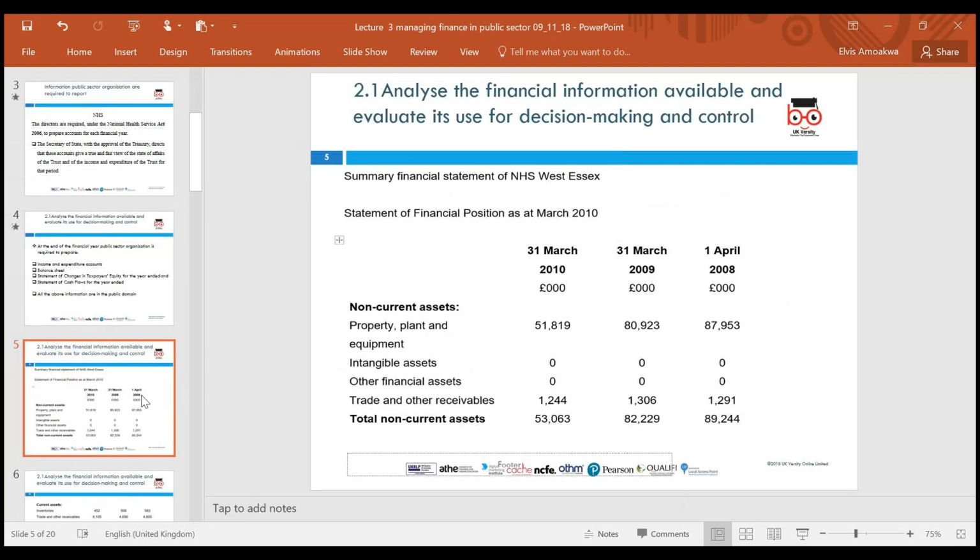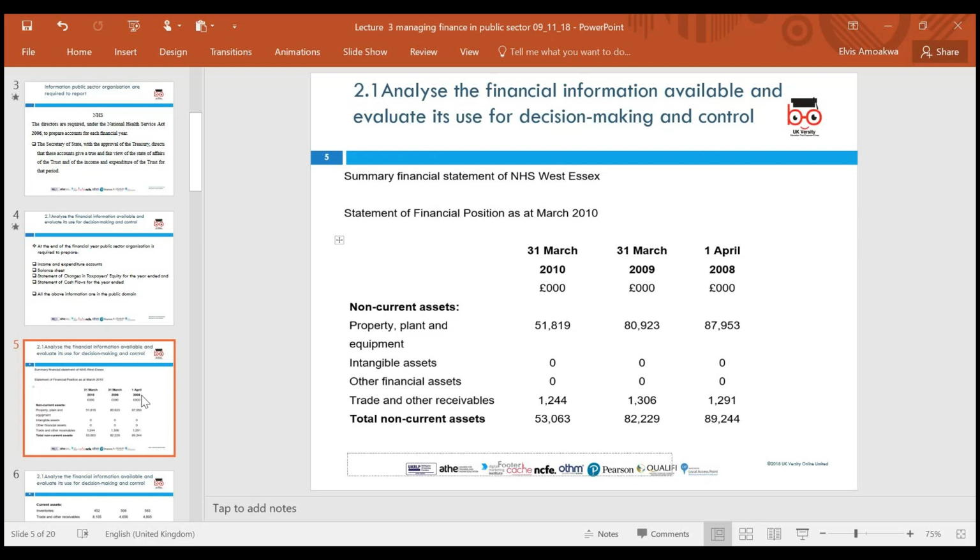What you are seeing in front of you is not made by me. It's a financial statement of NHS West Essex in London, for the period March 2010. And I tried to get information from 2008, 2009, and 2010.